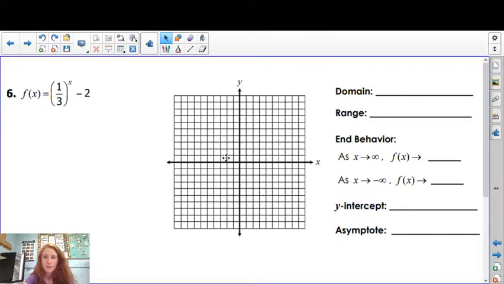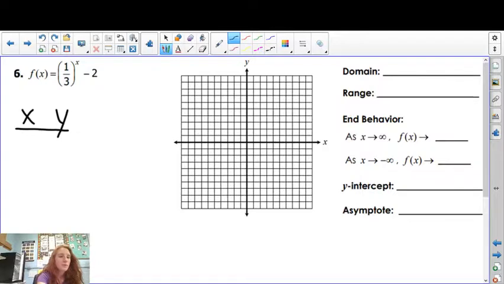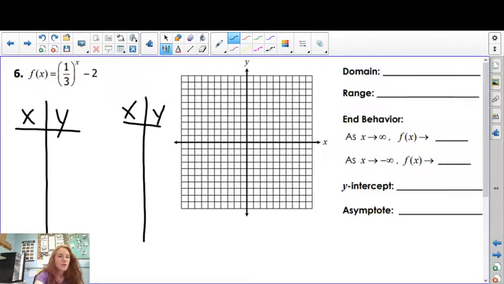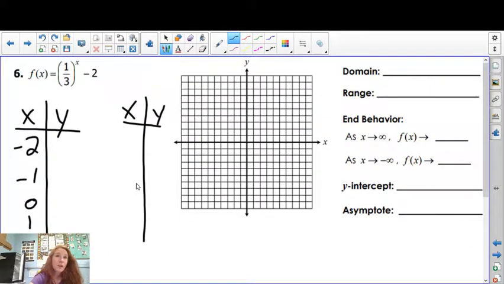All right, we're going to scooch this up and over a little bit. Same general idea. We're going to start by making 2 xy tables. First one, we're going to use -2, -1, 0, 1, and 2. Second one, we're not sure what we're going to do yet.